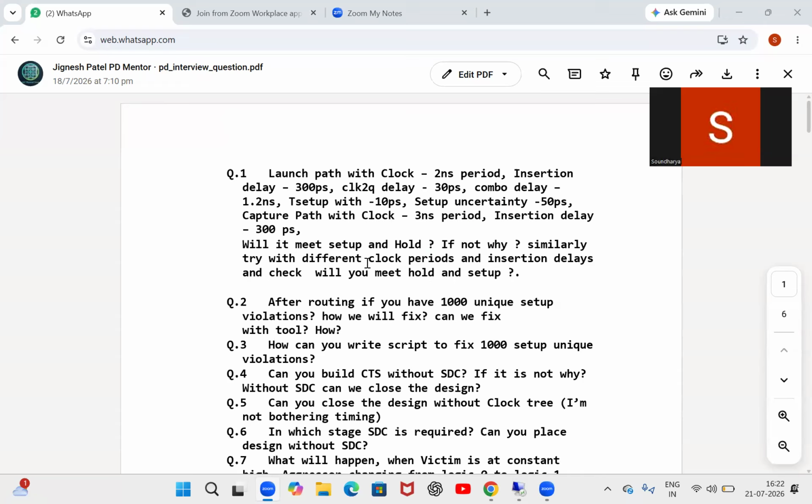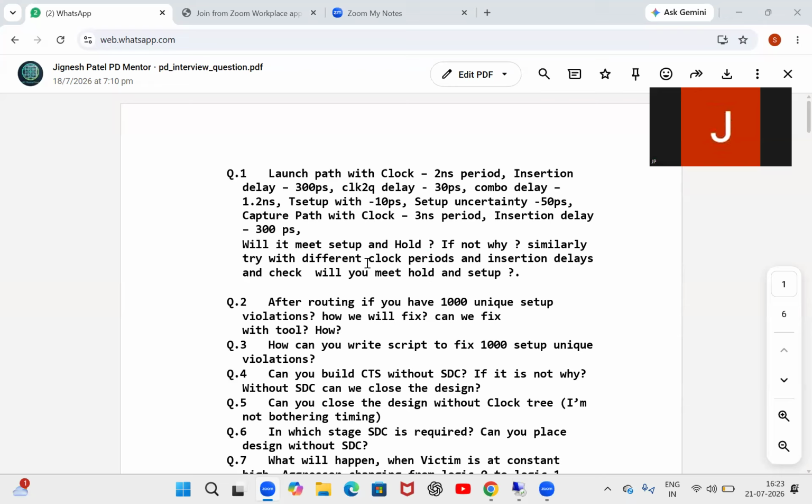In the placement stage, we require the SDC file. No, we cannot do place design without SDC because we need at least estimated timing to place the cells across the design.